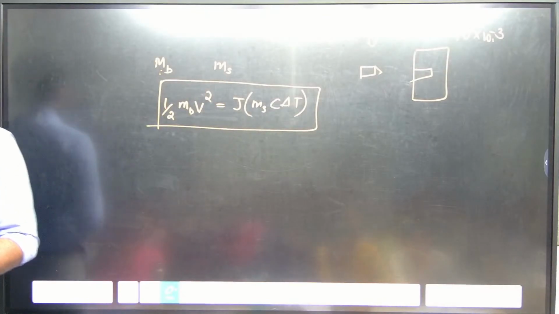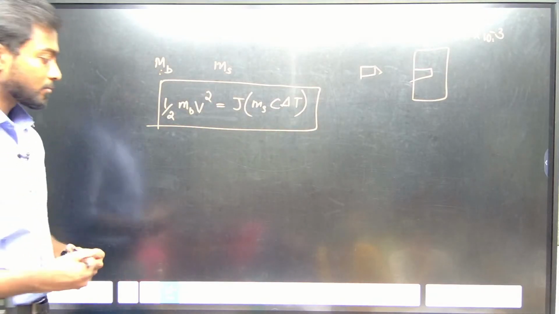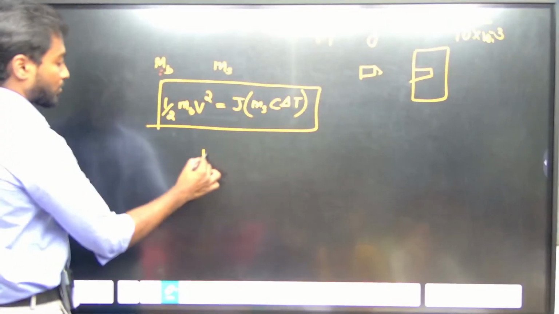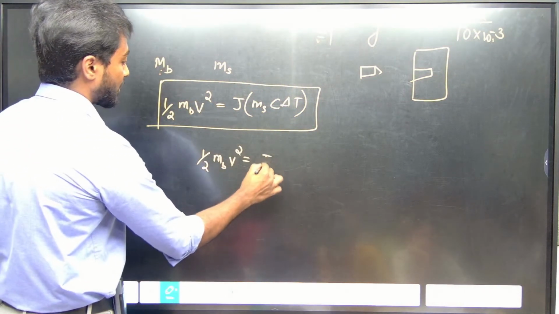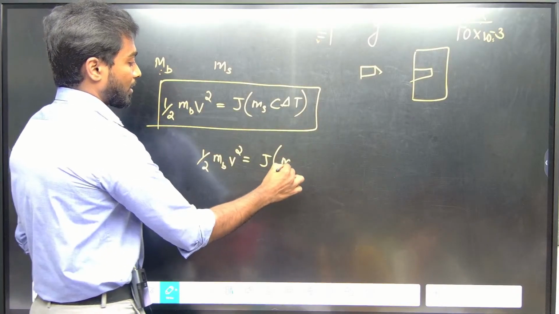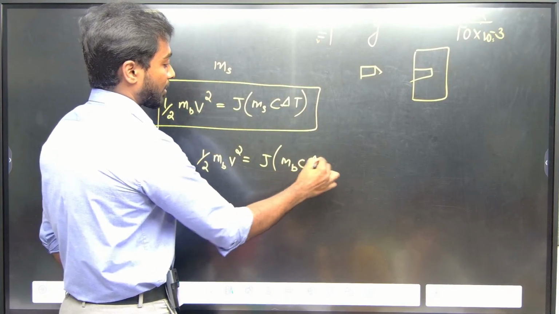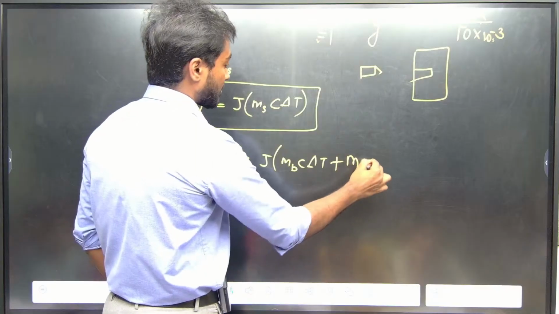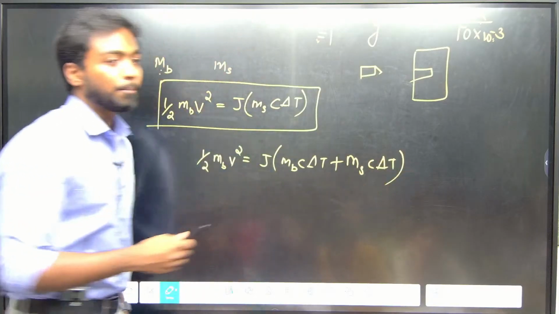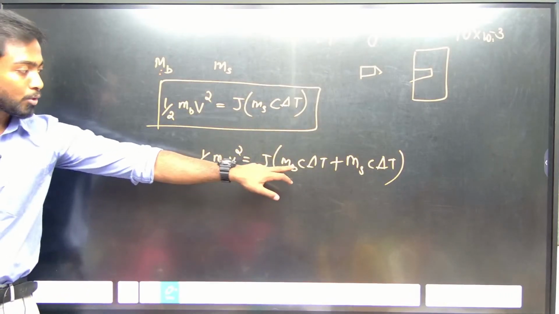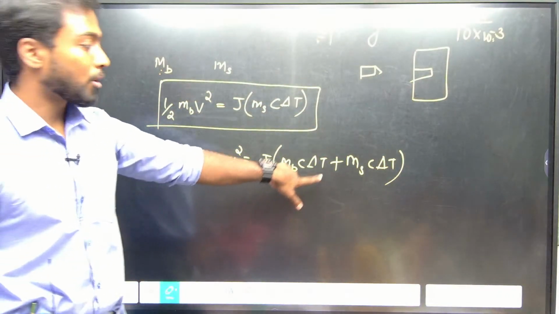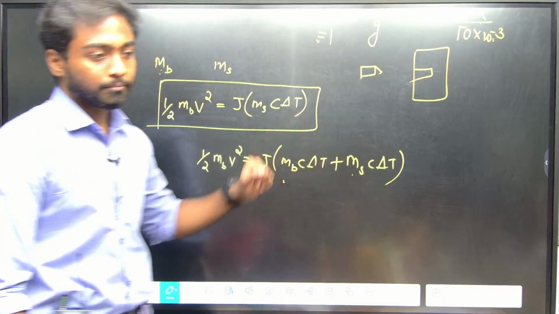Then half of mb v square should be equal to J times mb c delta T plus ms c delta T, since both temperatures increase. So obviously I need to talk about the bullet also, and the slab also. Take it down.